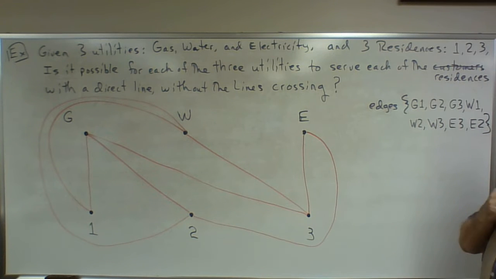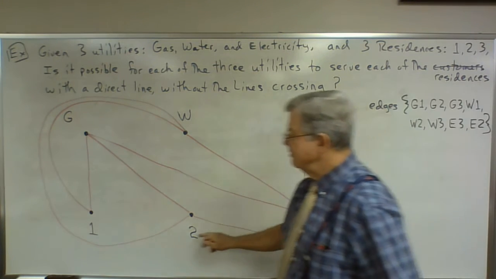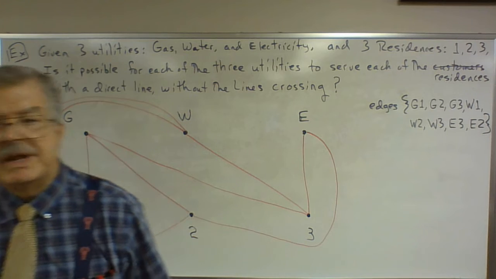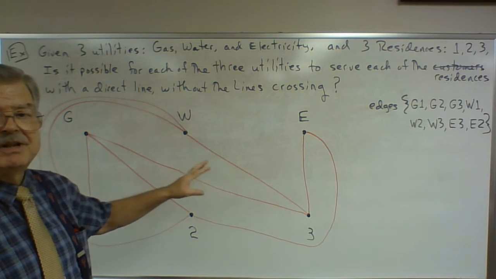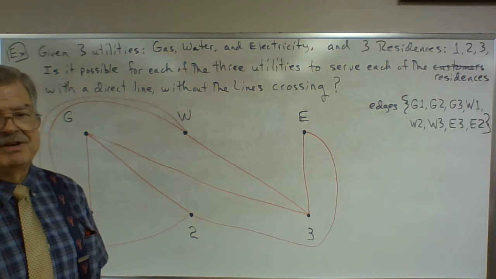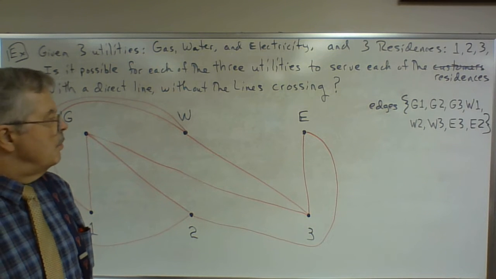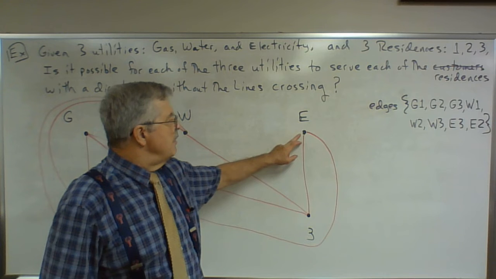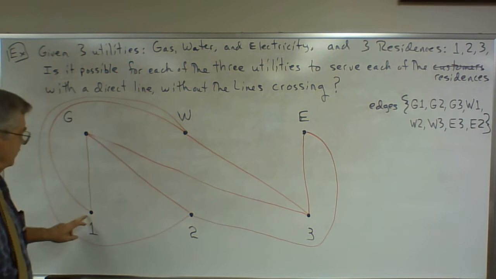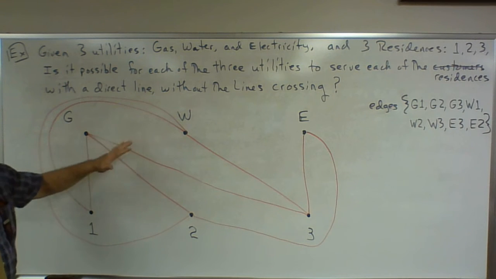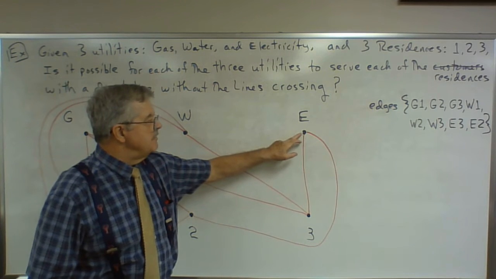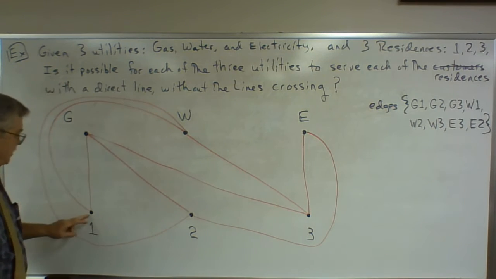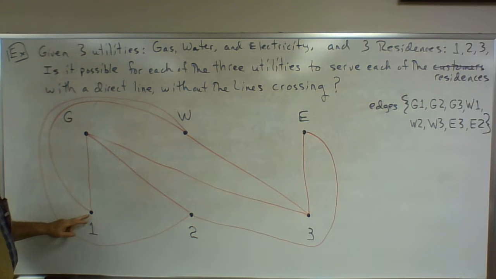We got 8 edges from the utilities to the residents. We needed 9. We needed 3 lines from each utility going to the residents. We were unable to get a line going from E to 1 without crossing these other lines. So in other words, we couldn't draw an edge from E to 1 without crossing some other edge.